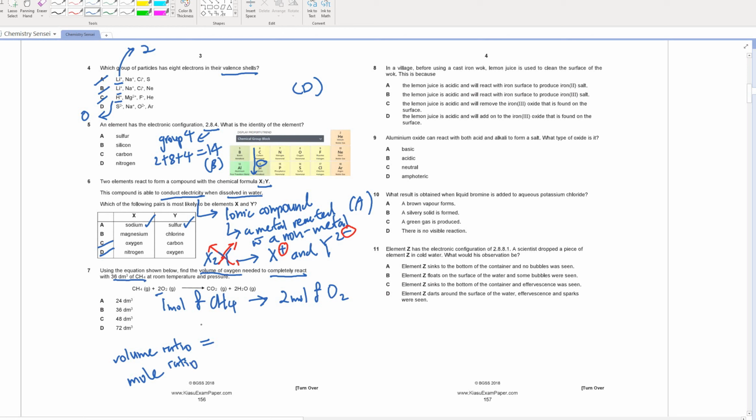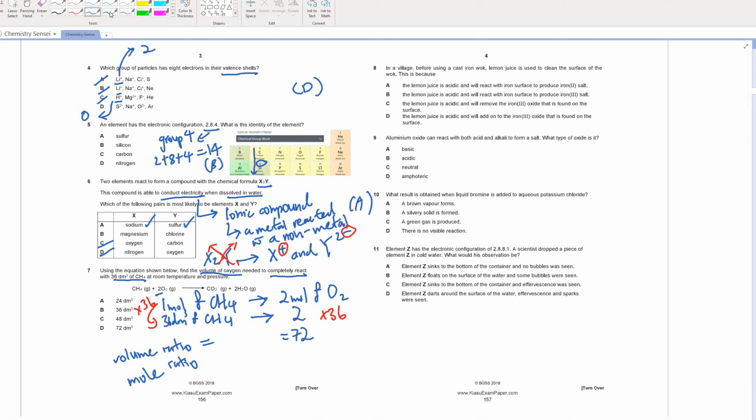Okay, so that means if we have 36 dm³ of CH4, okay, so we have multiplied by 36 over here. So similarly, we should multiply by 36 for the oxygen. Okay. So 2 times 36 is actually equals to 72.